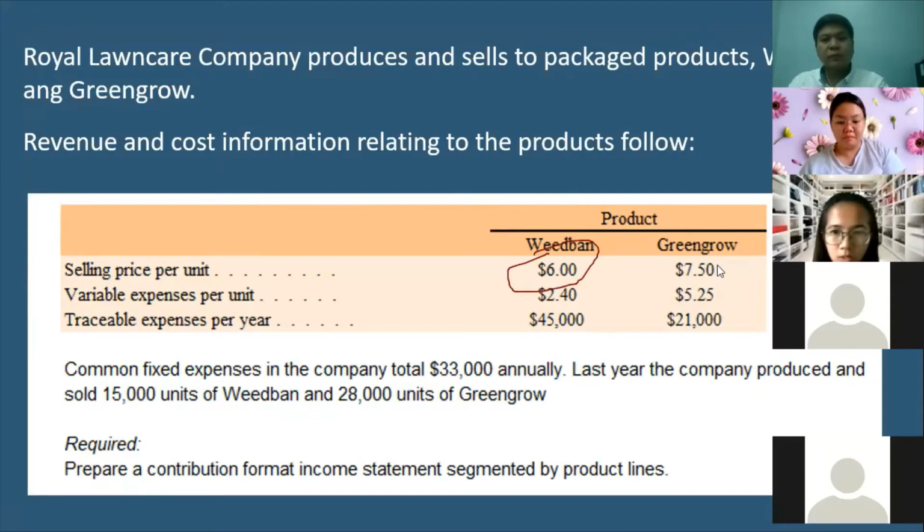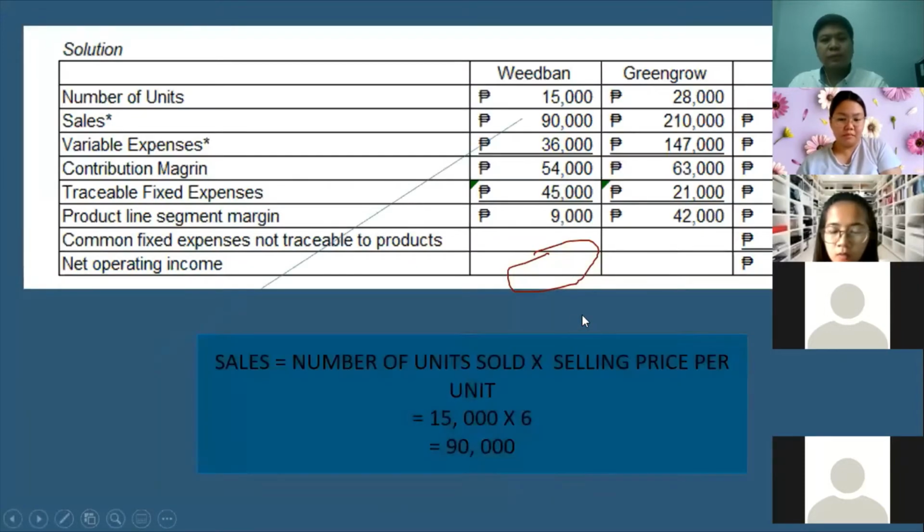Same with Green Grow. Same formula po yung gagamitin natin.